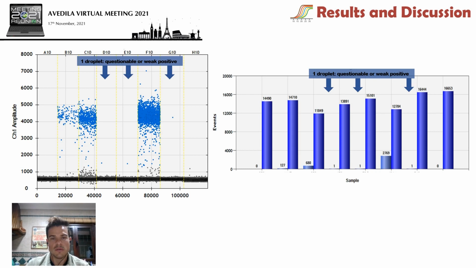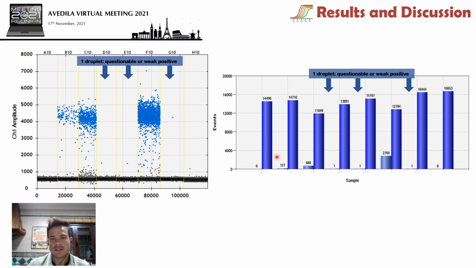Okay, have a look at the box plot. We can see positive droplets in blue and negative droplets in gray. The software determined the threshold to discriminate between negative and positive events. These samples were disclosed as positive, and the samples with only one event were considered questionable or weak positive.